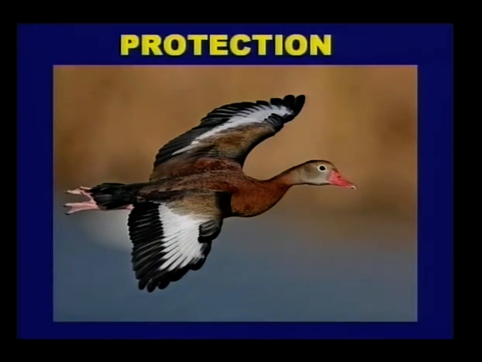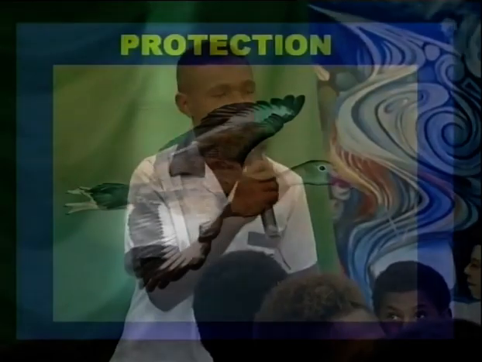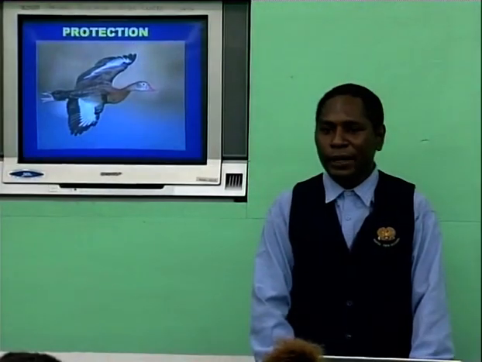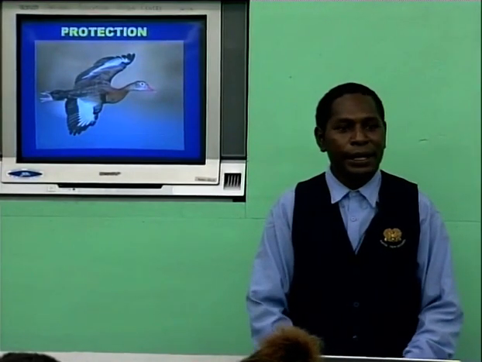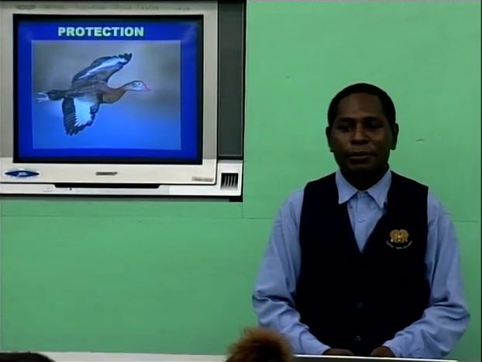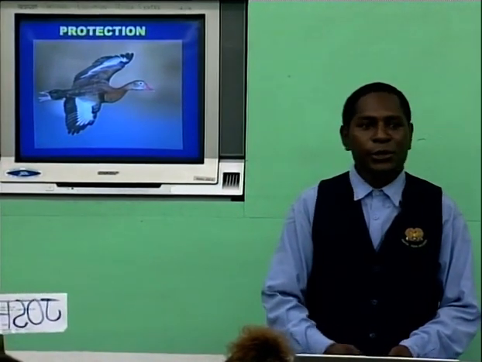By the way, what do you think this bird is called? Okay, that's a duck. Kalen, receiving students, you can also tell your teacher. Enemies. Kalen says enemies. Okay, it protects itself from enemies. Enemies like, what's an example of an enemy? Joshua, help your brother.